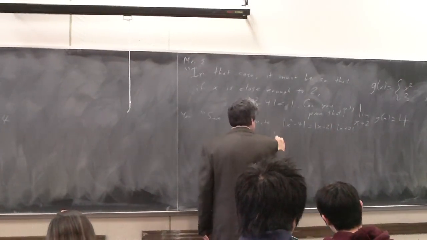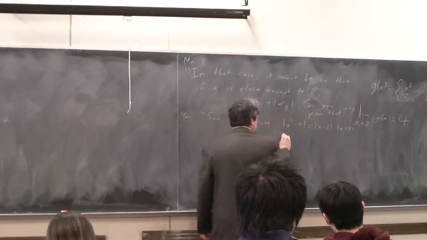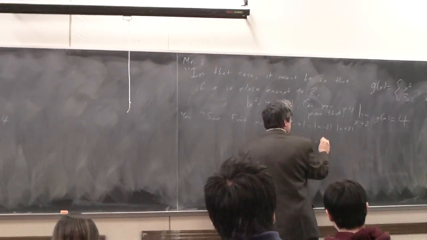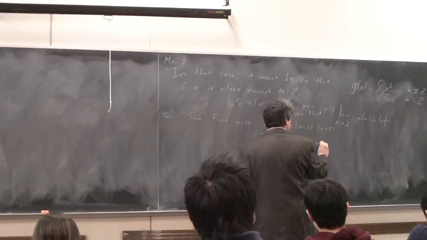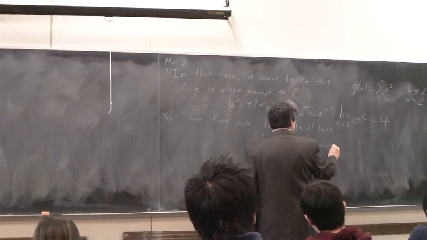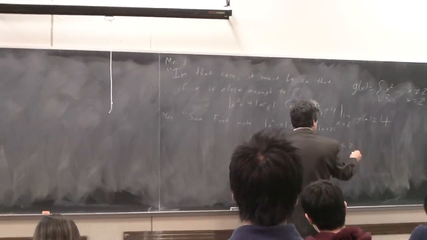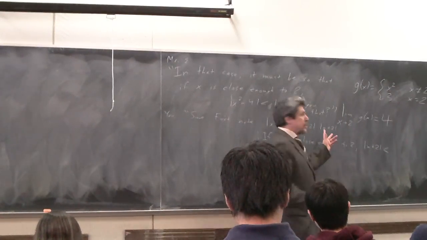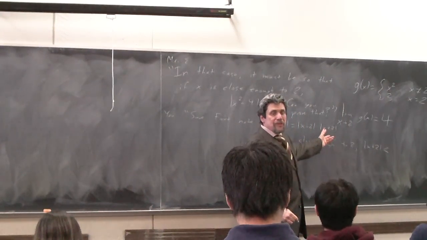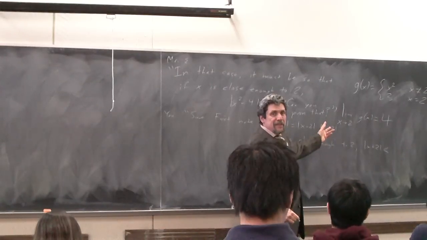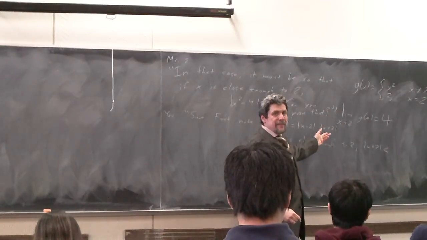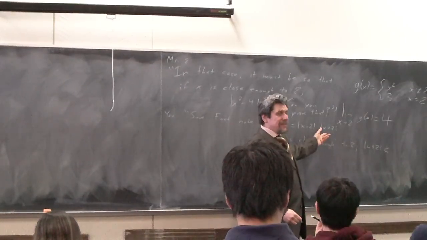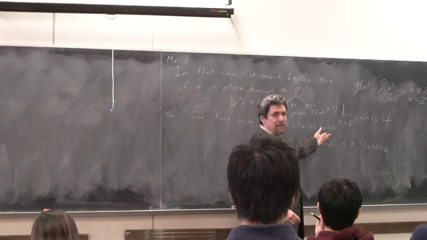And we know what? If x is close enough to 2, then absolute value of x plus 2, so how big would that be, at most? Five, right?